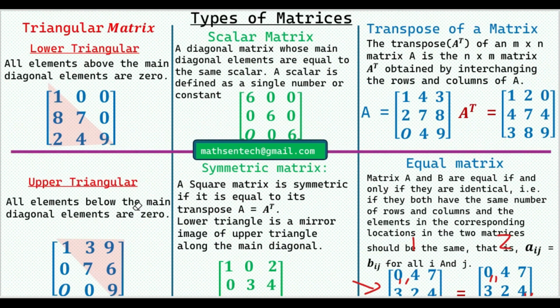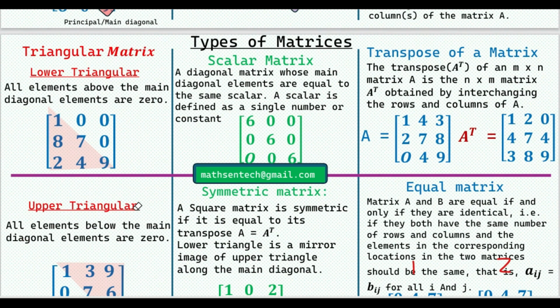Okay, very easy. Then we go to the next one, which is a scalar matrix. A scalar matrix is a diagonal matrix whose main diagonal elements are equal to the same scalar. A scalar is defined as a single number or a constant. For example, 10, 7, 4, 2, all those are scalars. Remember when the main diagonal was 1, 1, 1, that was referred to as an identity matrix.